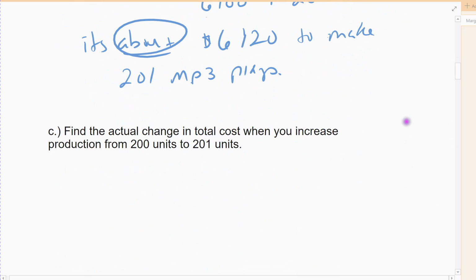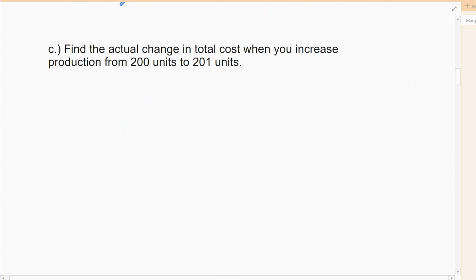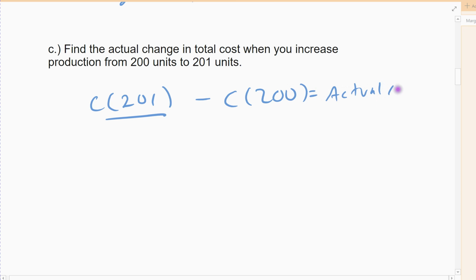Now, just to compare how good it is, again, it is an approximation. Some approximations are better than other approximations. What I'm doing here in Part C is showing you how good or bad of an approximation it is. And I believe this one's fairly good. To find the actual change in cost, you would find your cost using the original cost function at 201 minus the cost at 200, and that will give me my actual cost difference, which should be close to 20.